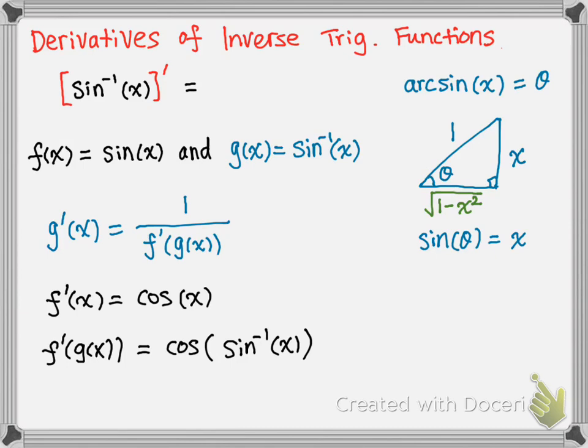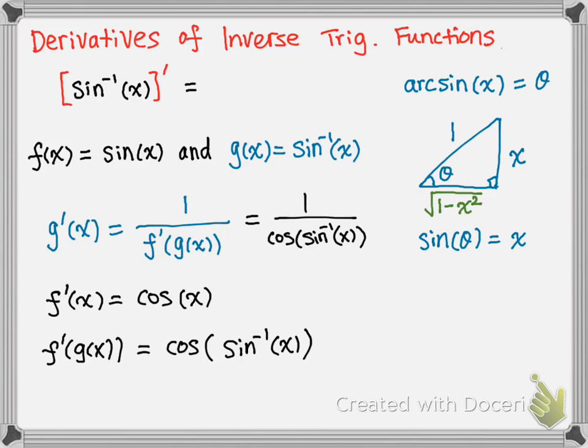So if you want to write it that way, the derivative is 1 over cosine of sine inverse of x. That's completely fine. But we want to see what it is equivalent to and make it really simple, just in terms of x, without all the sines, cosines, and inverse functions.